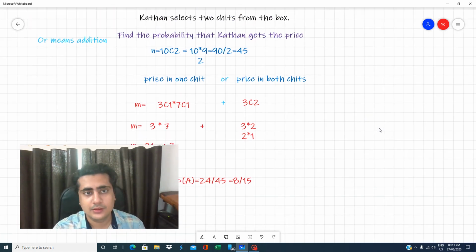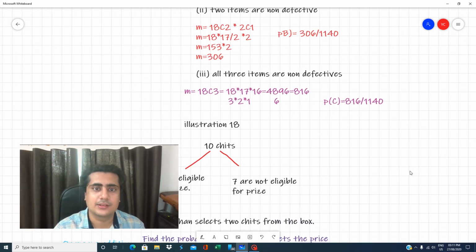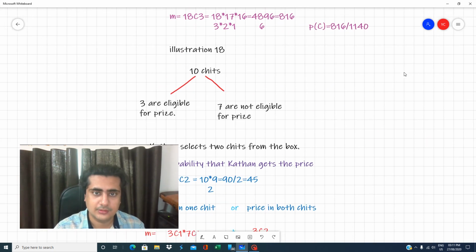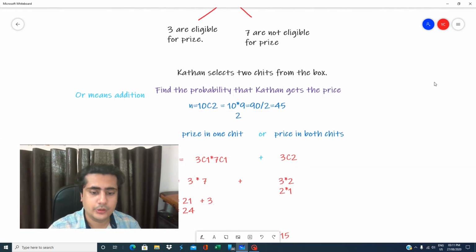We have done illustration number 18 in the last lecture. Today, we are going to do a sum from the exercise.